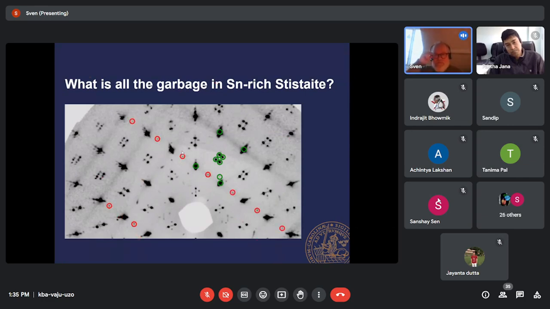There is also a set of weaker reflections that seem to run in two different directions as well. This is elemental tin, the tetragonal form of elemental tin. So these are obviously intergrowing with each other. So we have cystite and we have elemental tin.